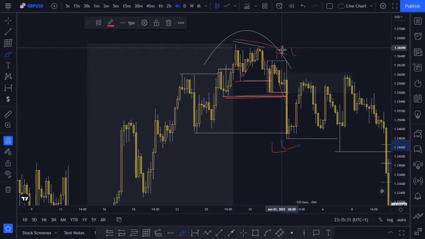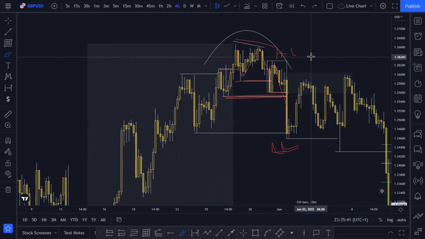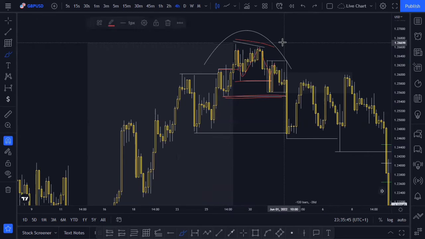So this is a lower low, and this should be a lower high. This is lower high, lower low.